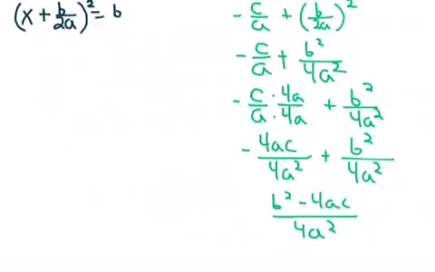So it's b squared minus 4ac over 4a squared.